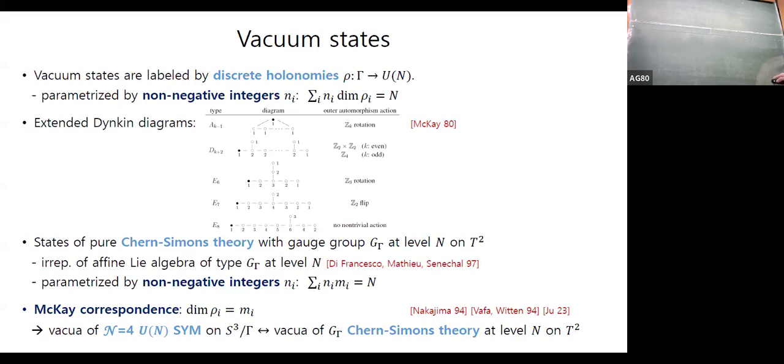Yeah. So basically, you have some finite subgroup here doing the orbifold of N=4, and on the other side, you have this compact Lie group by the McKay correspondence, and you have Chern-Simons theory with that gauge group at level n on the torus.